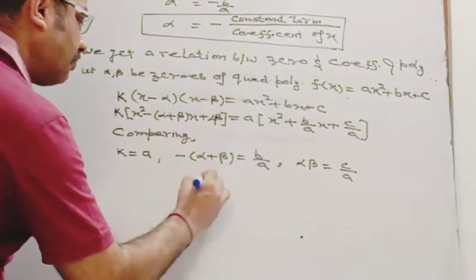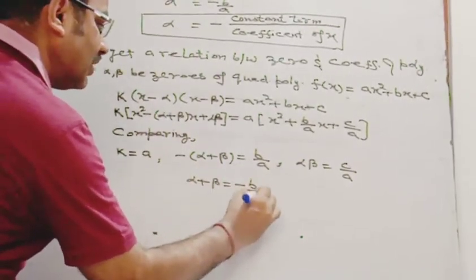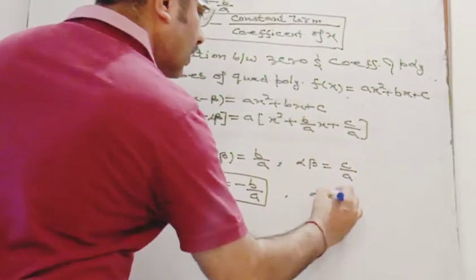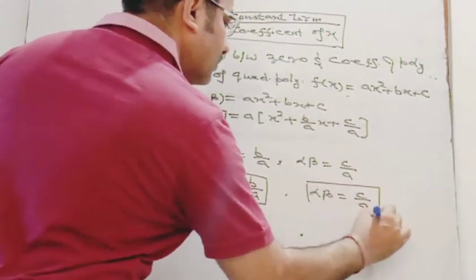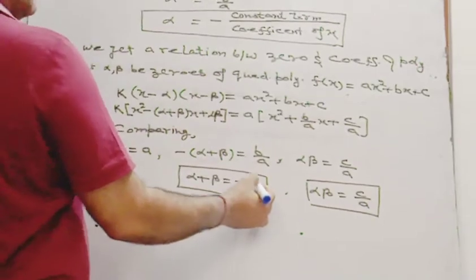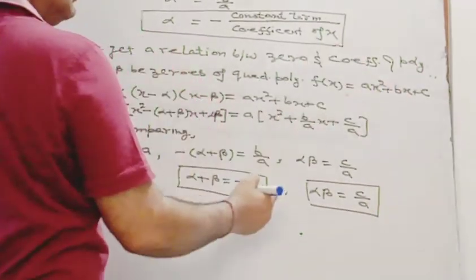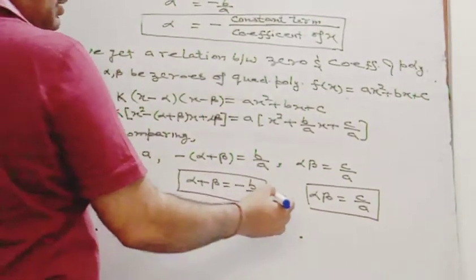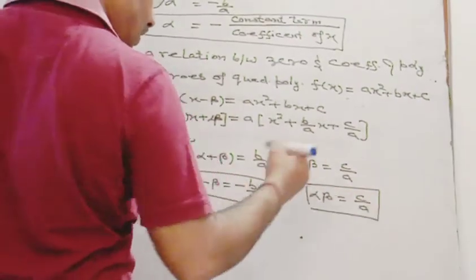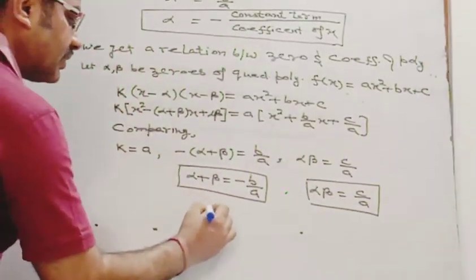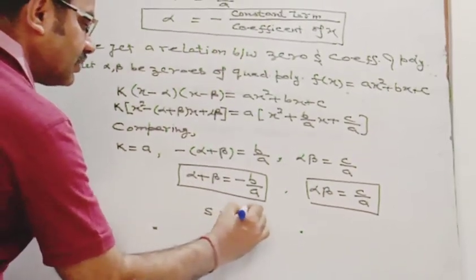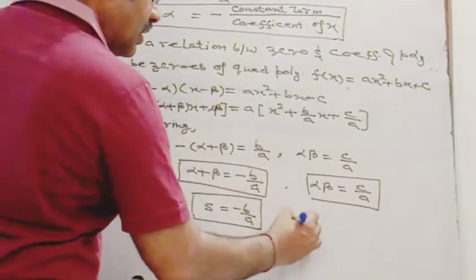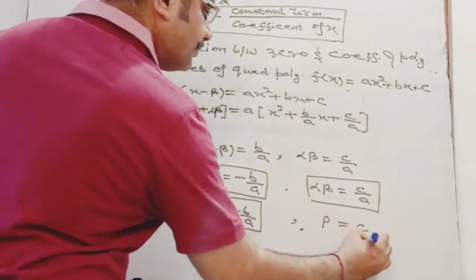This gives alpha + beta = -b/a and alpha beta = c/a. What is b here? Coefficient of x. And a is the coefficient of x². So here is a relation between zeros and coefficients. Here is also a relation between zeros and coefficients. In short, alpha + beta is written as S, the sum of zeros, and alpha into beta, the product of zeros.